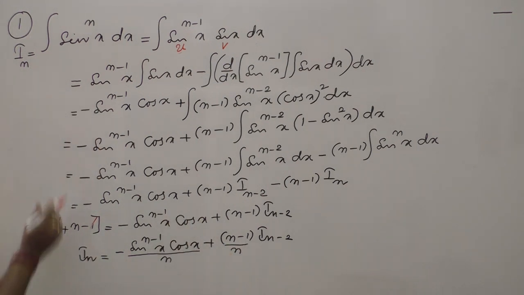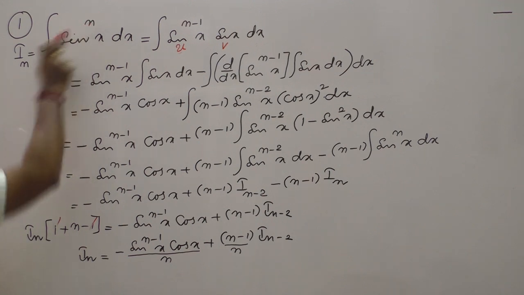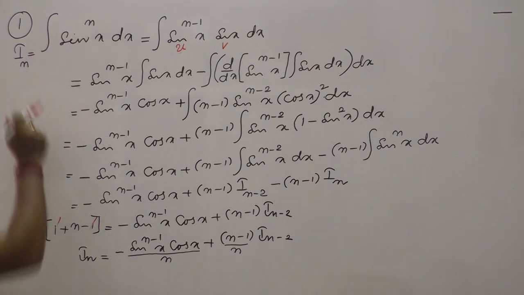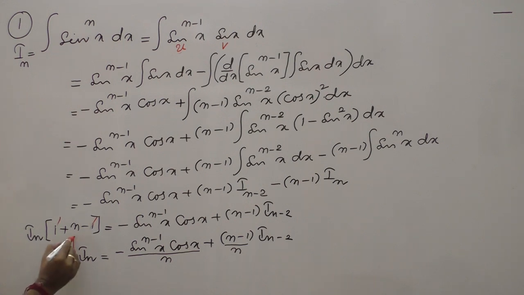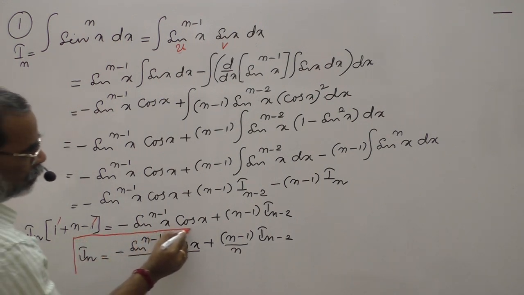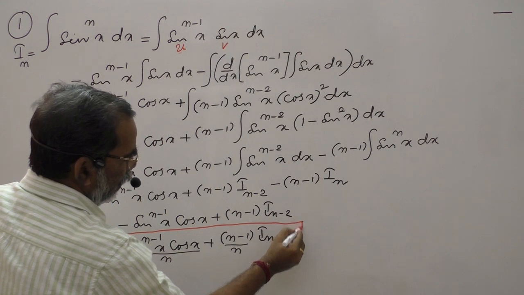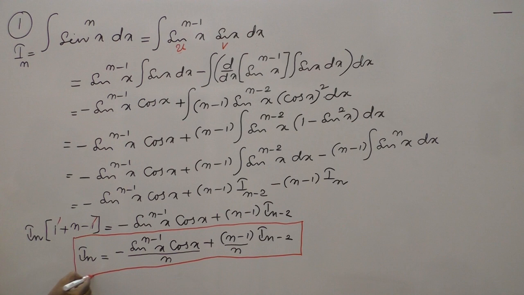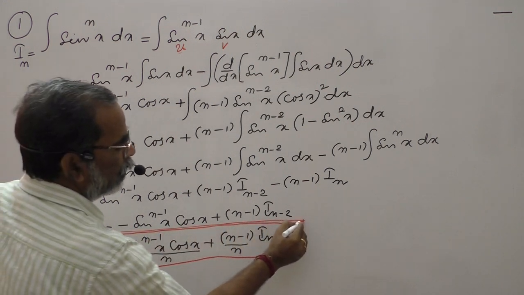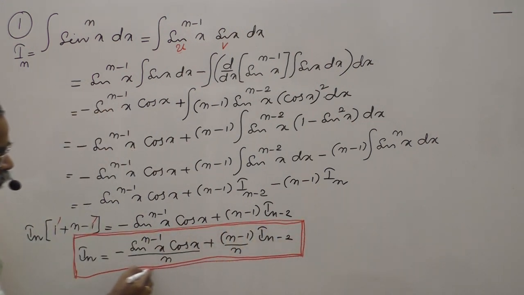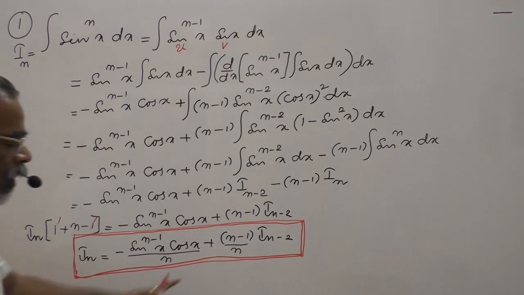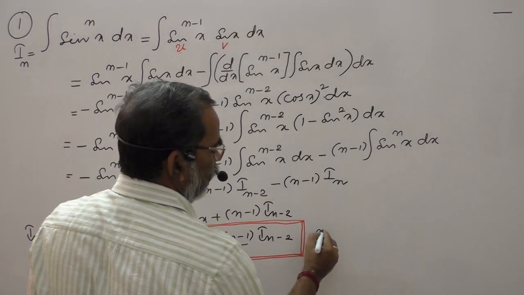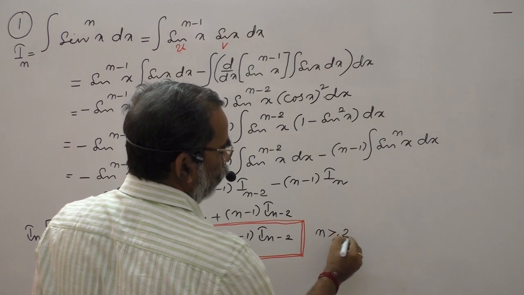So therefore this is the given integral sine power n, which we have denoted by I n. Therefore this I n is equal to this. This is known as the reduction formula for sine power n x. Yes, this formula is applicable for n greater than or equal to 2.